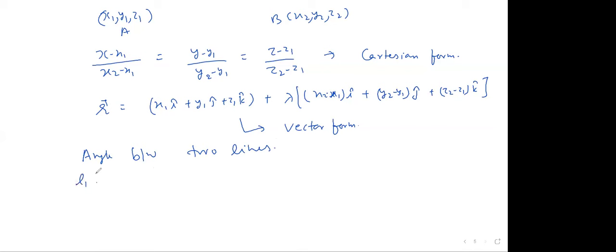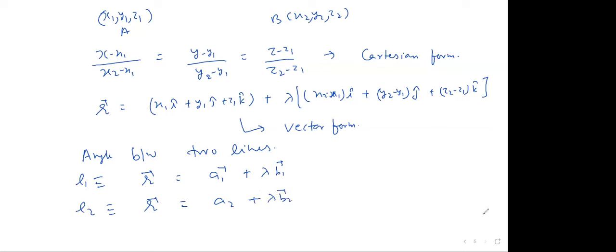Line one is r vector equals a1 plus lambda times b1, and line two is r vector equals a2 plus lambda times b2.